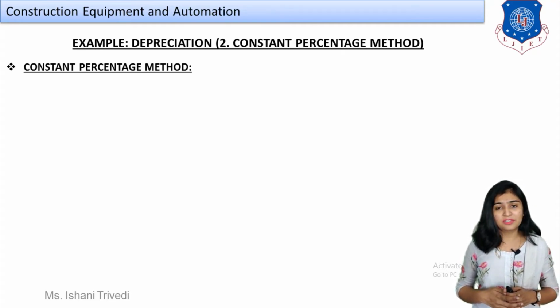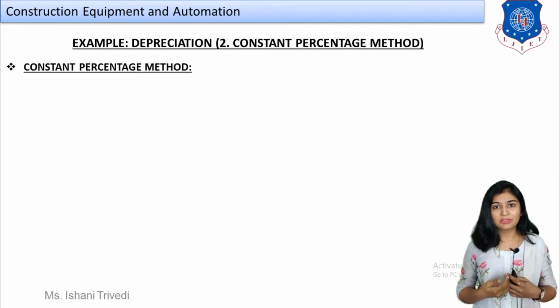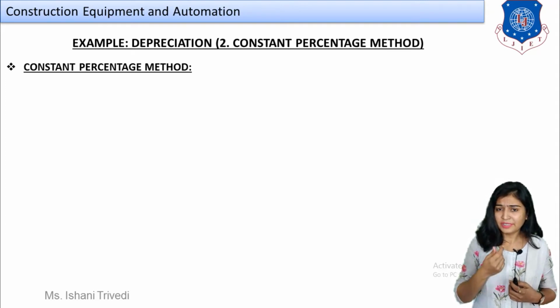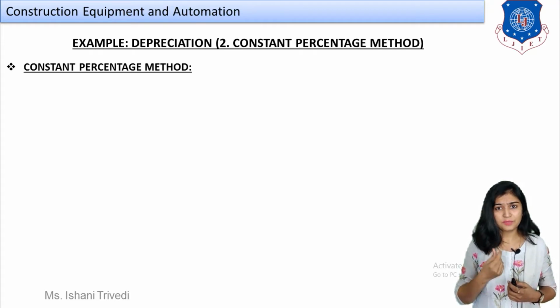Now as we have discussed, depreciation for any equipment is generally calculated based on certain assumptions, right? In the straight line method we had assumed a constant, fixed value with the help of the formula (C minus S) upon N. What is C? Total cost.